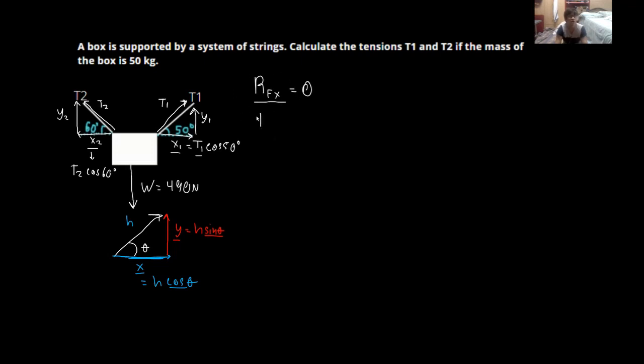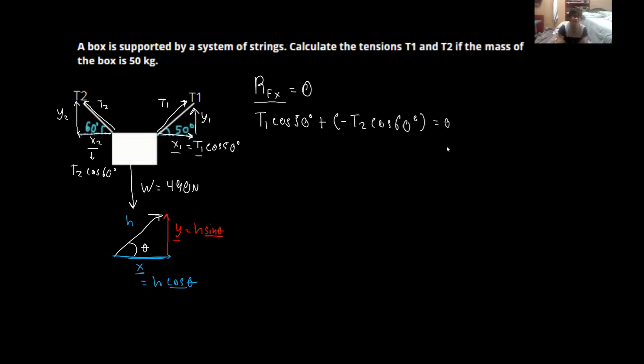Una, lahat ng mga horizontal forces: T1 times cosine 50 degrees plus, sabi ko kanina, negative ito, so negative T2 times cosine of 60 degrees is equal to 0.